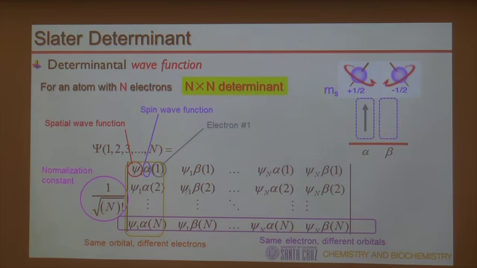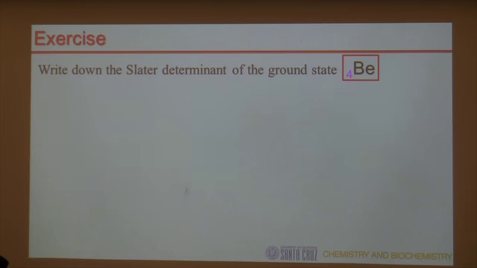If no questions, let's do one exercise. Please write down the Slater determinant for the ground state of the barium atom. What's the dimension of the determinant? 4 times 4.